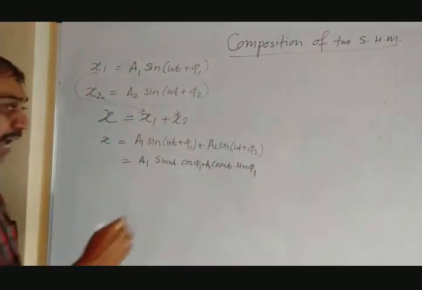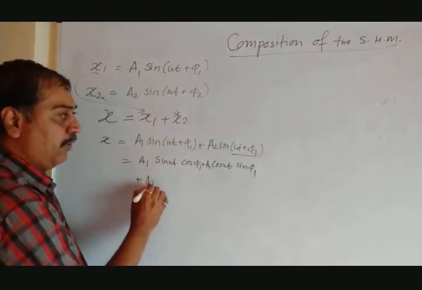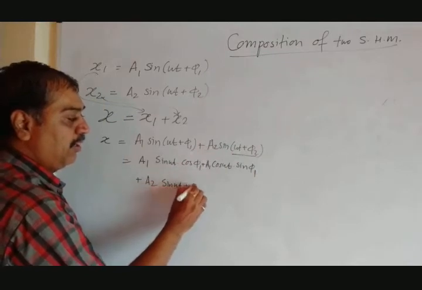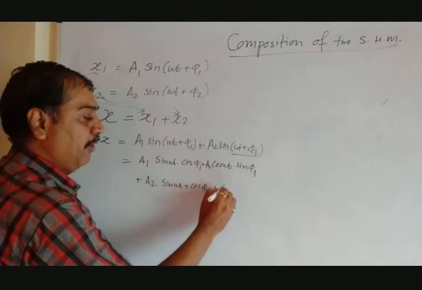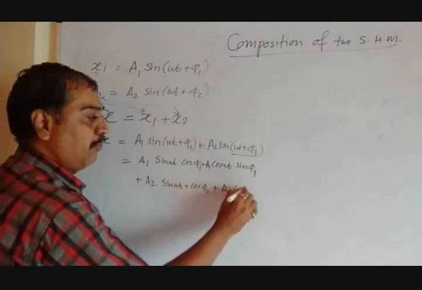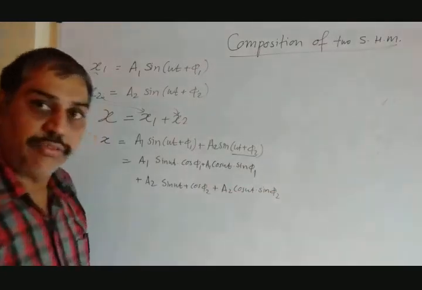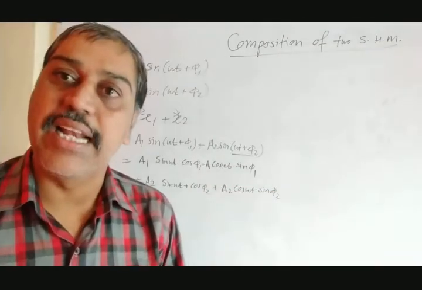Write the same formula for the second term: plus a2 sine of omega t cos of phi 2, plus a2 cos of omega t into sine of phi 2. So we have just applied the trigonometric formula for sine of a plus b.